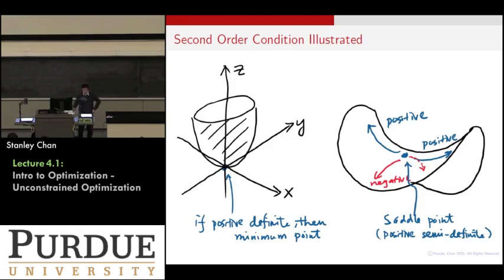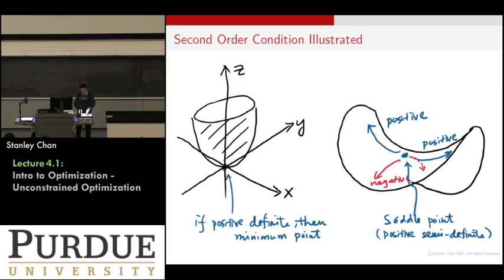So why are the necessary condition and the sufficient condition for the second order different? Well, if you have a positive definite matrix, meaning strictly greater than, you're guaranteed to have a minimum point. But if you have a greater than or equal to sign, you can run into trouble like this.